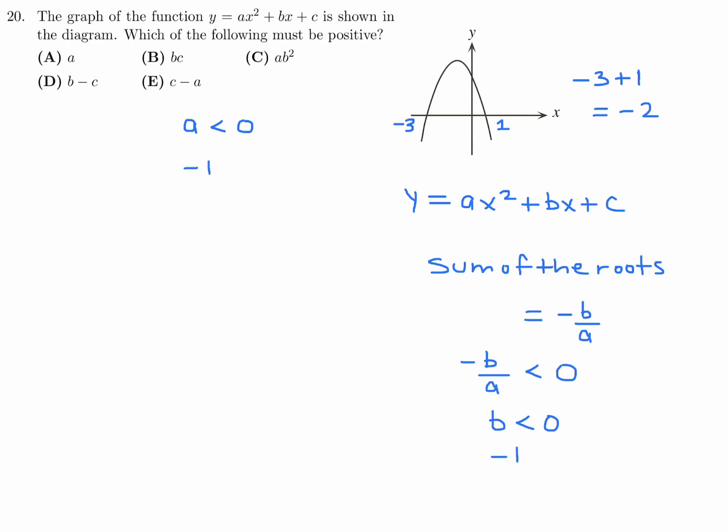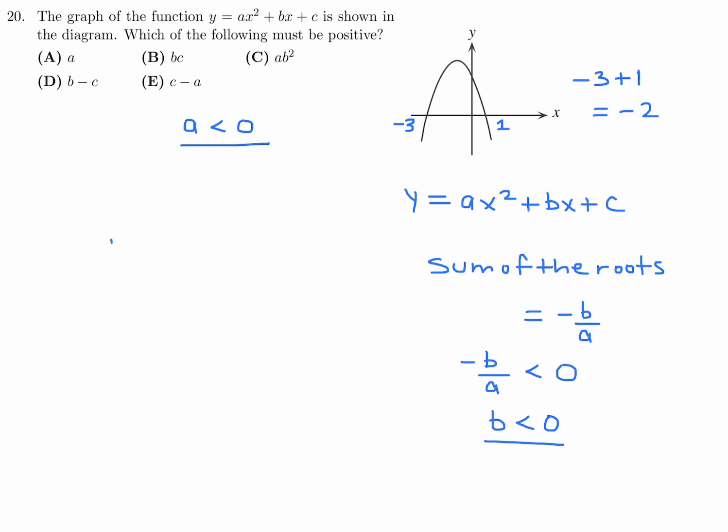If b is negative 1, then this would be negative 1 all over negative 1, which is negative 1, which is less than 0. If you're unsure, just plug in some numbers to avoid the abstractness of some of these inequalities. Okay, so we've established that a is less than 0 and b is less than 0.